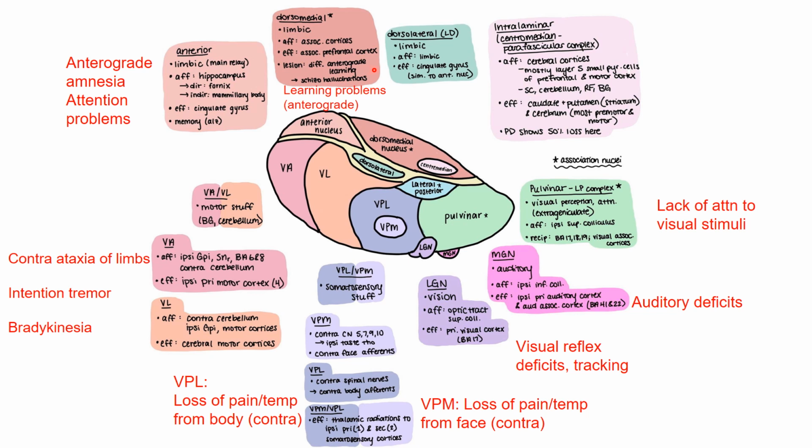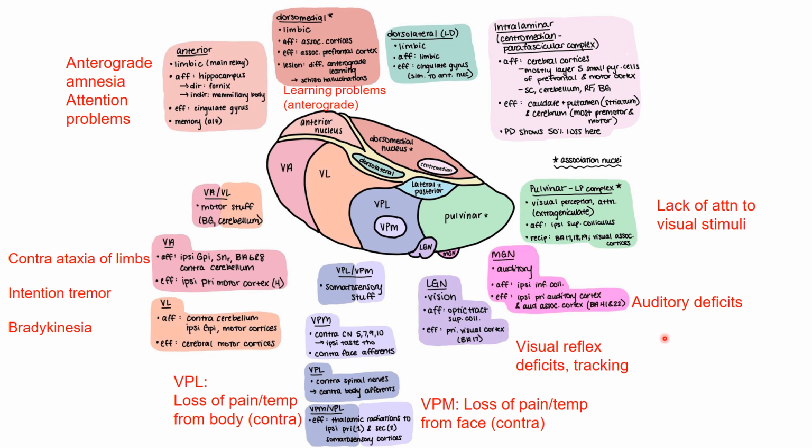Learning specifically has a big thing to do with the dorsomedial nucleus. And then looking back here, this one makes a little more sense. Your pulvinar is in charge of your visual perception. So not necessarily actual sight, but perceiving what you see. You're not going to see blindness with a lesion here, but you're going to see lack of attention to visual stimuli as a deficit.